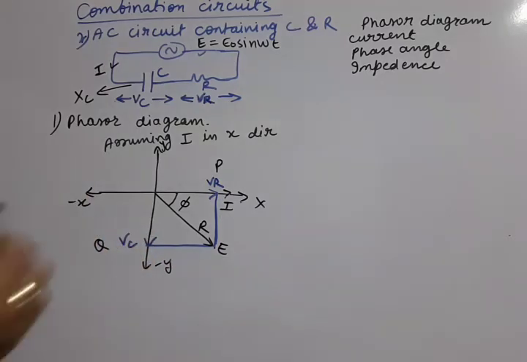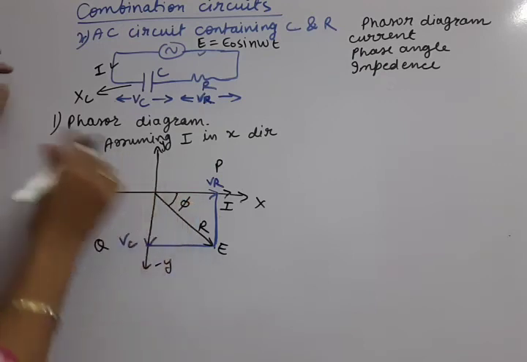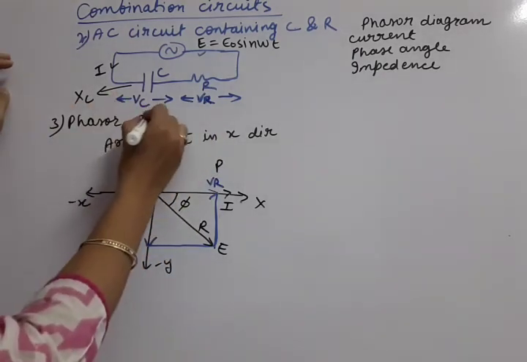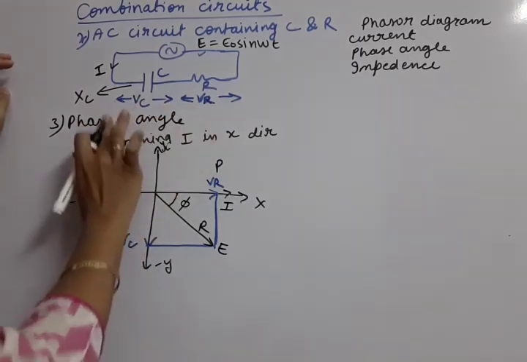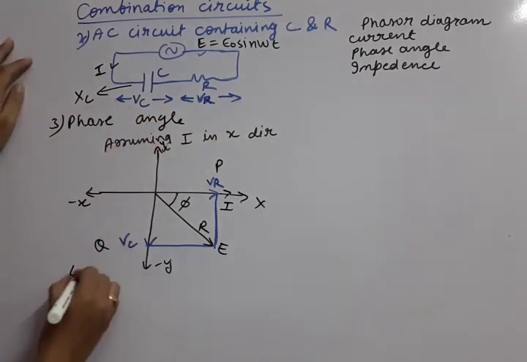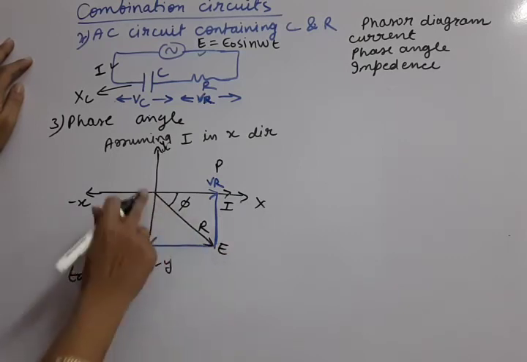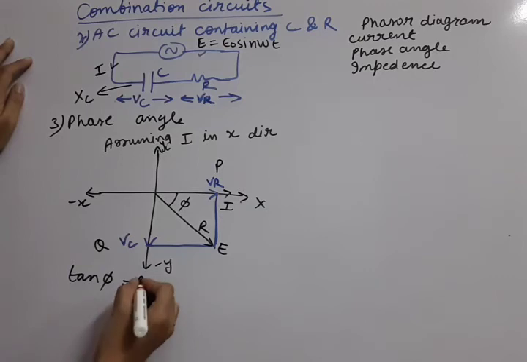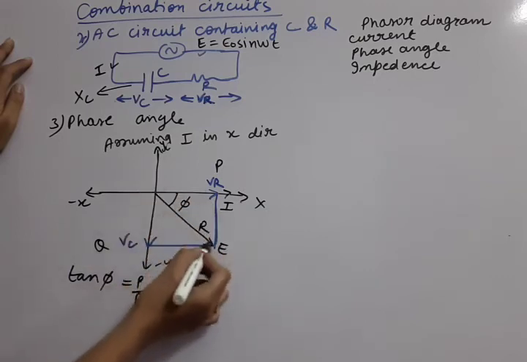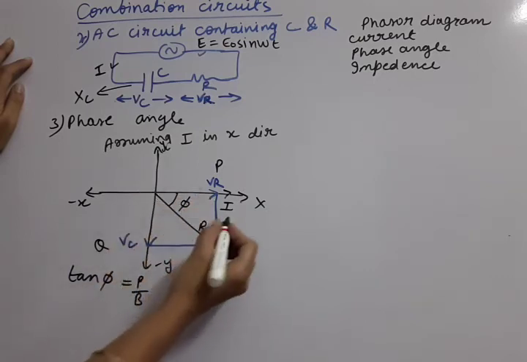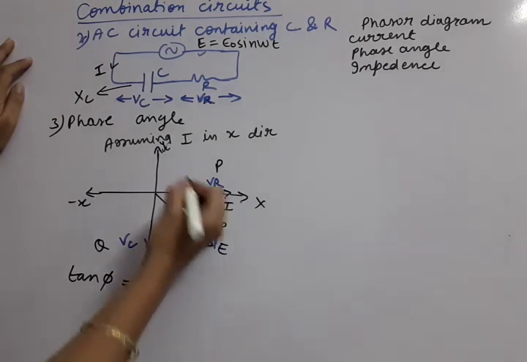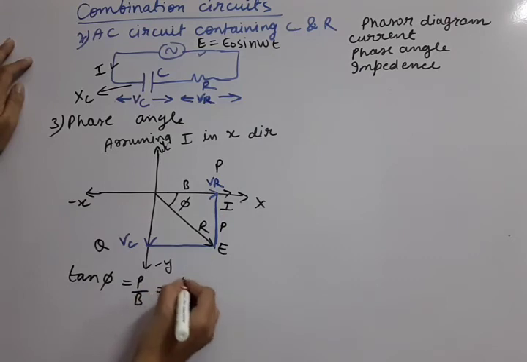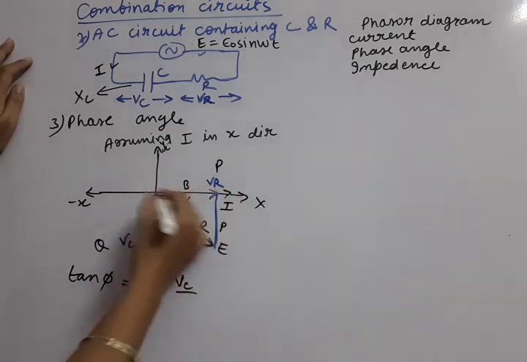Now we are solving the phase angle between voltage and current, which is phi. The tan phi formula is perpendicular upon base. For this triangle, the perpendicular is VC, and the base will always be VR.